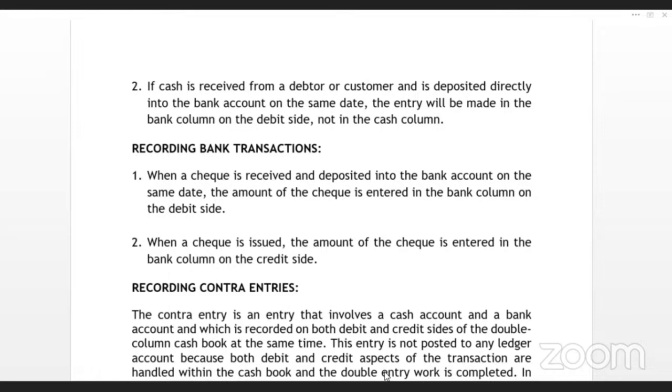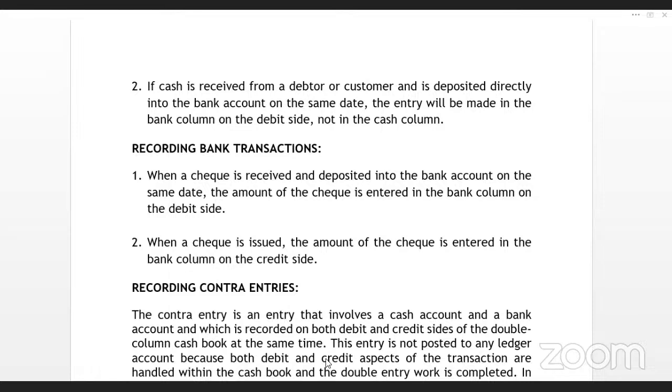A contra entry is recorded on both the debit and the credit side of the double column cash book at the same time. So you debit your cash book, but at the same time you credit your cash book with the same amount. That is a contra entry.